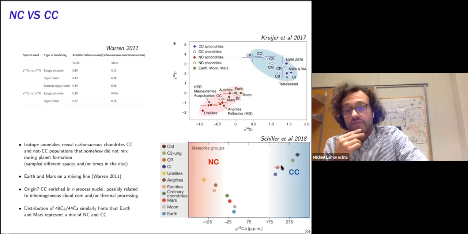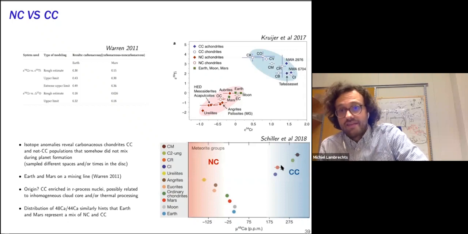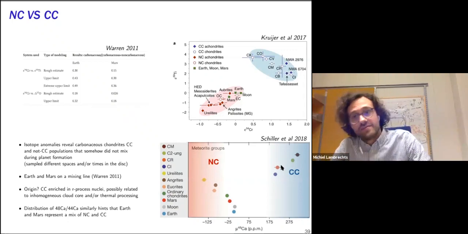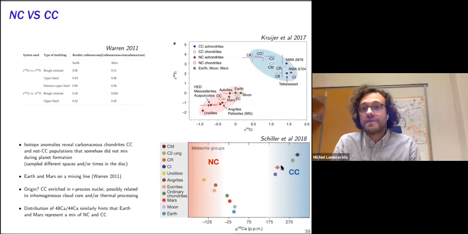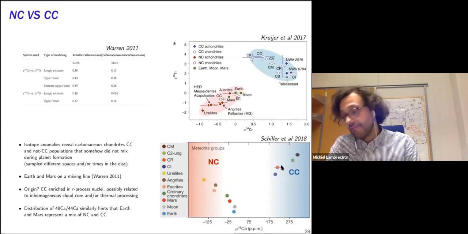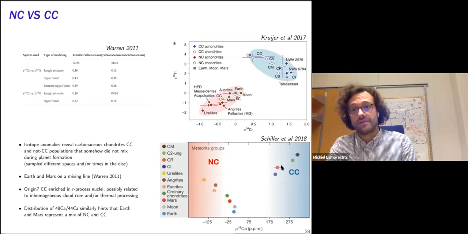And presumably also because it forms early, it forms from the more refractory component, which is also the higher density component. Think of being very, very close in, maybe 1000 Kelvin, where basically only the most refractory species could survive. So I think that's another component that would be super interesting to look into.